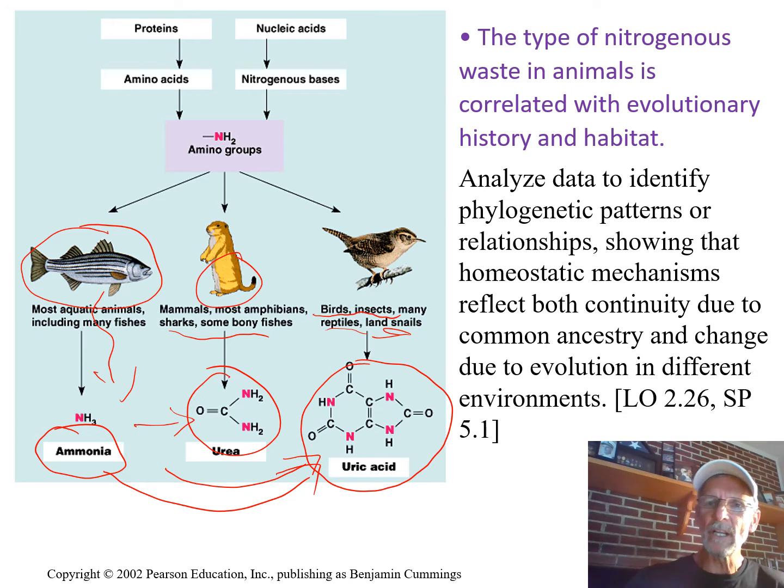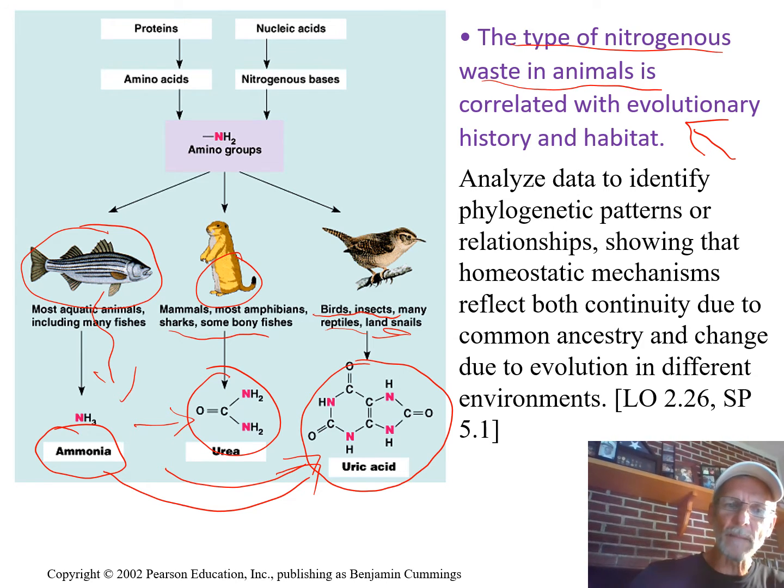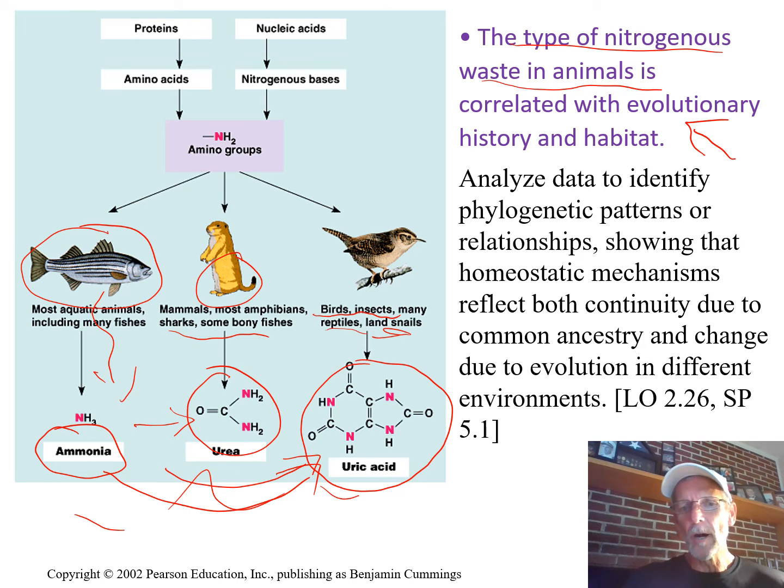So that would be answering this, and they weren't specific about the three types of nitrogenous waste, right? But that's all they can be telling you to know. And again, if you remember what kind of animals have this kind of waste, they might ask you this and just fill in the blank form like they always threaten to.